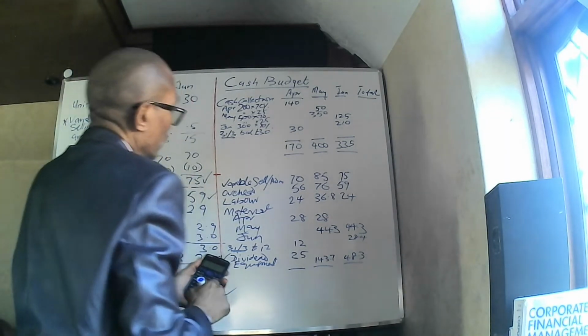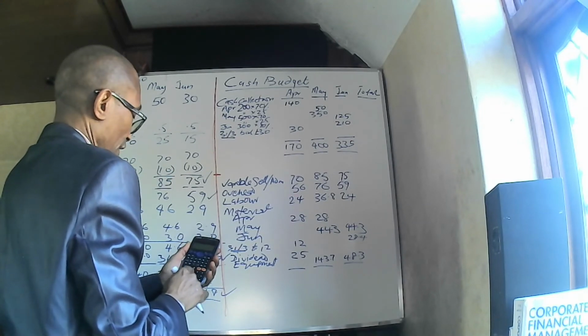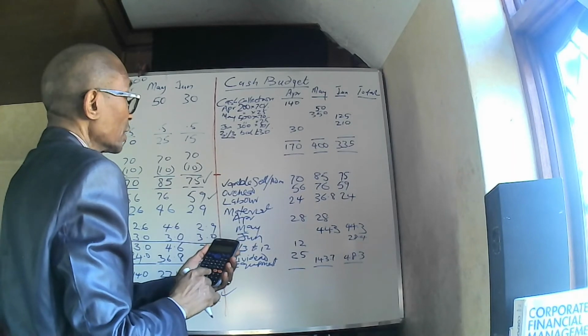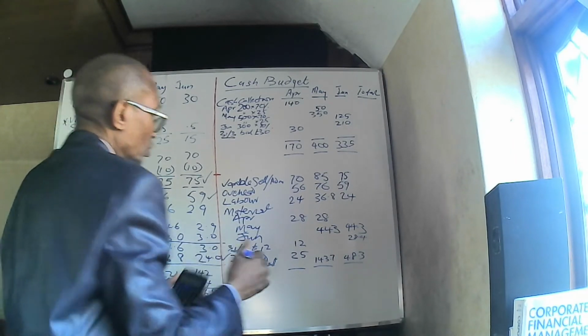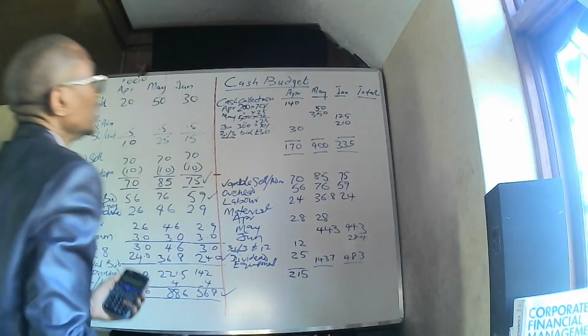Now let's calculate the cash payment. 70 plus 56 plus 24 plus 28 plus 12 plus 25 gives us 215 here, 215 in April.